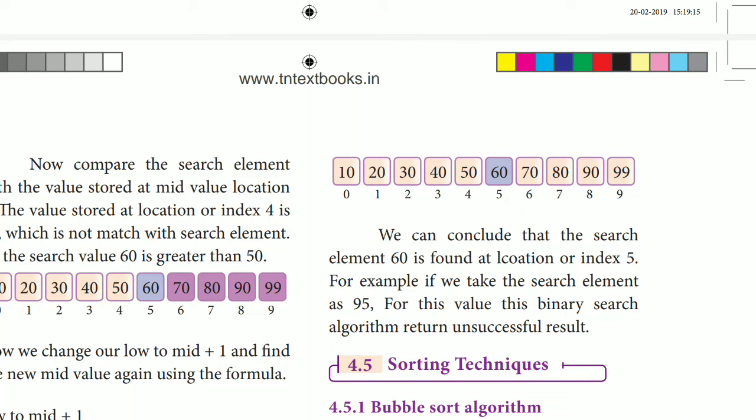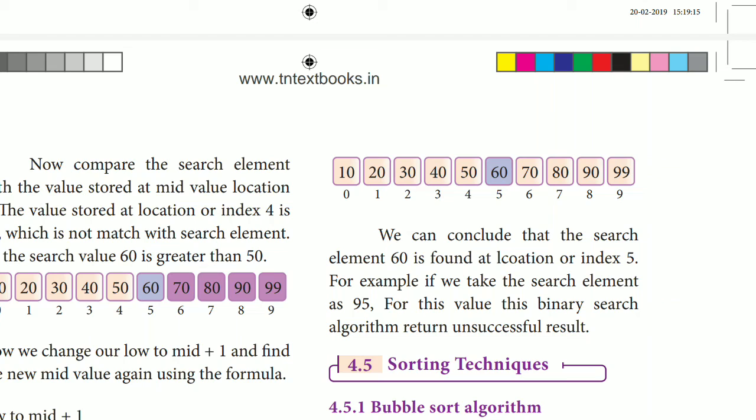This binary search is an important 5 mark question. Either it can be asked to write only the pseudocode of binary search, or they will give a list of elements and you have to find the element using these steps and explain the steps.